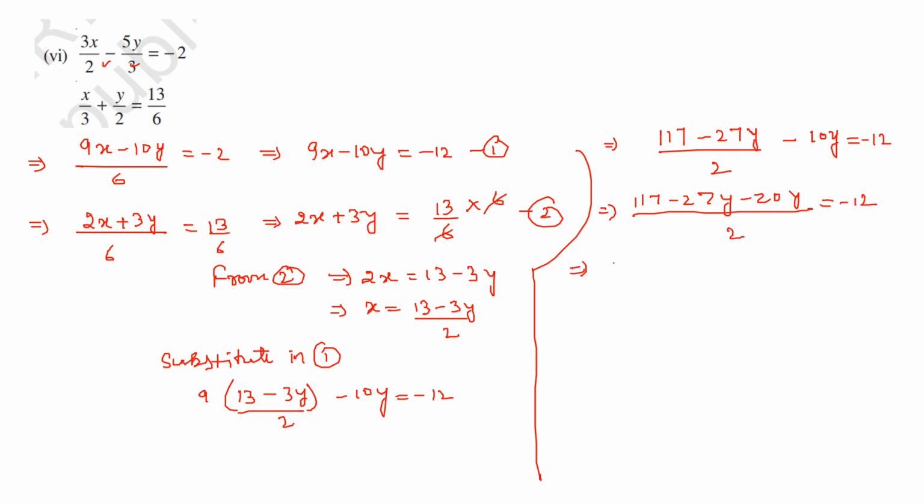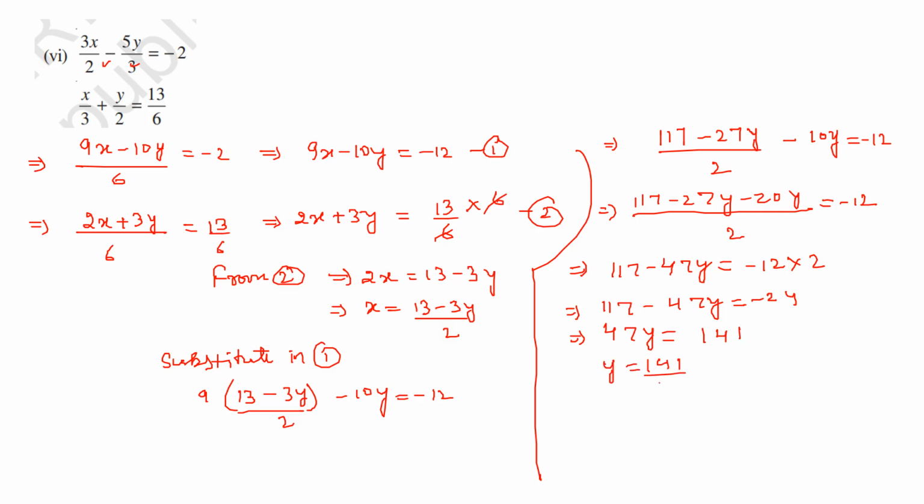So 117 minus 47y equal to minus 12 into 2, so 117 minus 47y equal to minus 24. So from here you will get 47y equal to 141. So the value of y is 141 divided by 47, and 47 times 3 is 141.